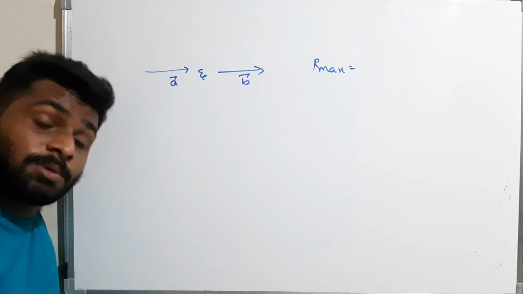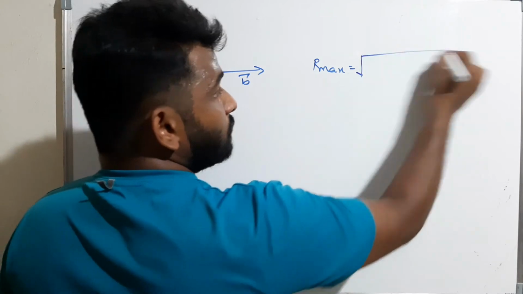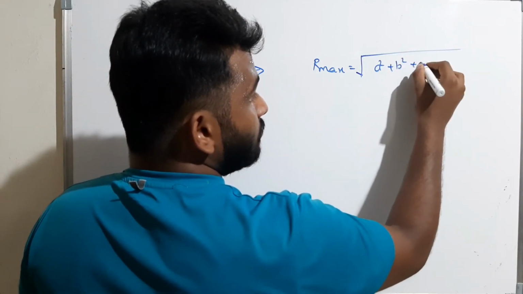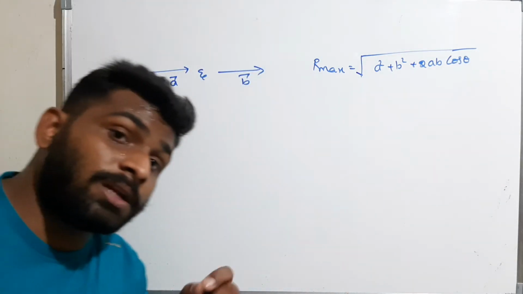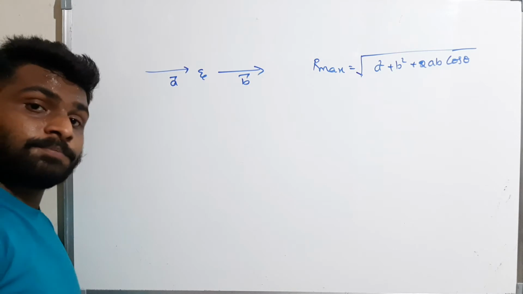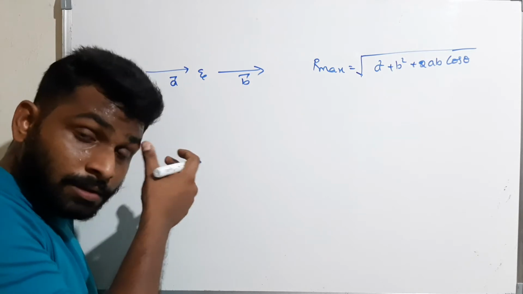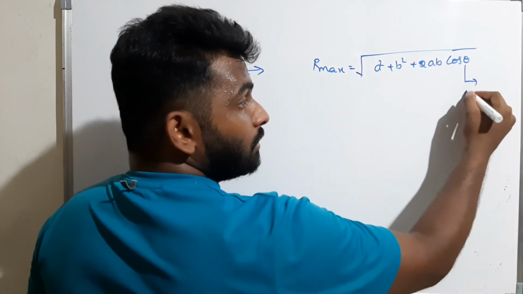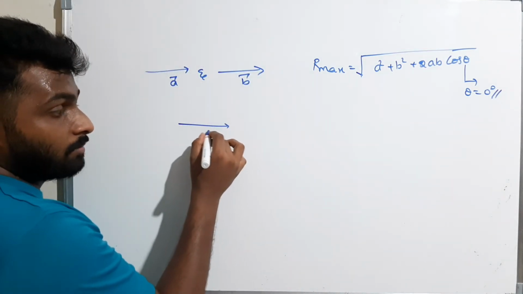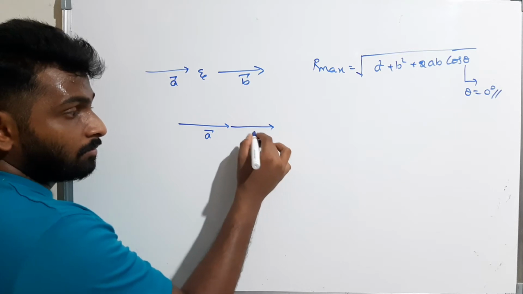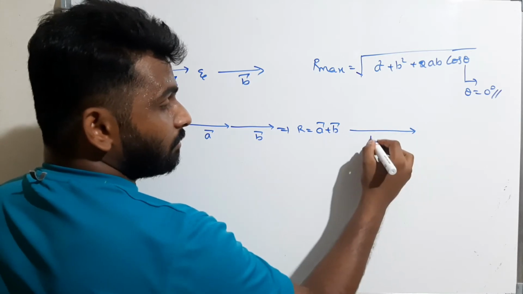The resultant will be maximum, root of a square plus b square plus 2ab cos theta, if theta is equal to 0 degrees. That means if both the vectors are parallel and collinear, then the resultant will be simply a bar plus b bar. That means like this, r bar.